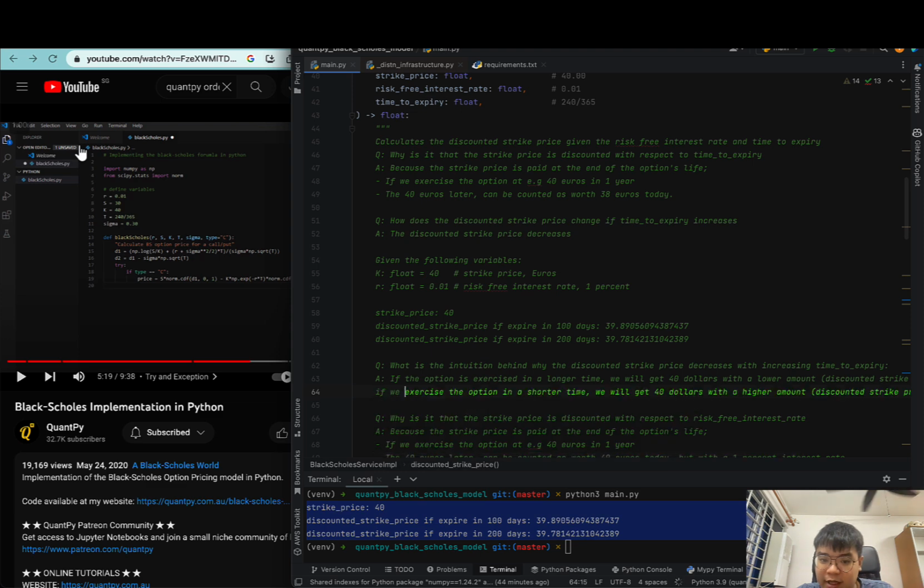If we get the risk-free interest rate for the time we have to wait.